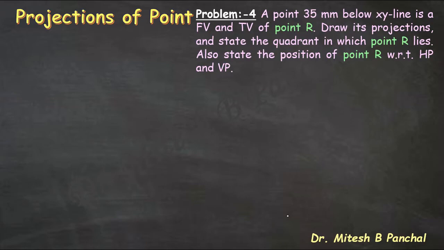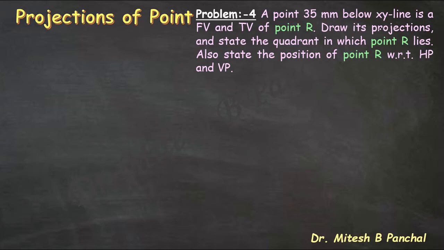Now we will see the fourth problem. The fourth problem is that a point 35 mm below XY line is the front view and top view of point R. So this first statement states that there is a point which is 35 mm below XY line.